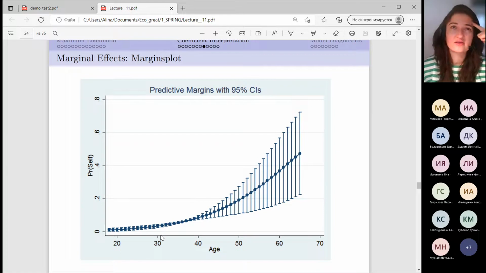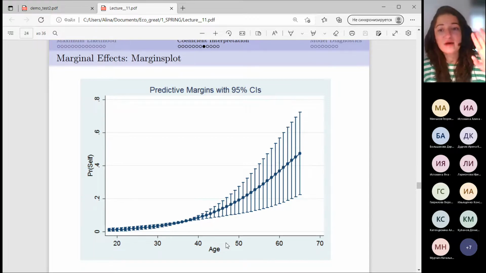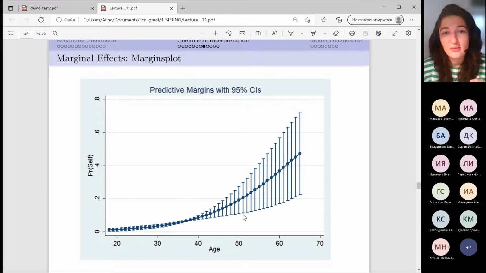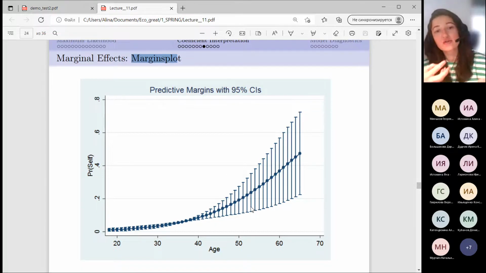And this is not very new data, I think it is from the beginning of the 2000s. So maybe now the picture is a little bit different, but generally speaking, this is an example of how you can visualize the marginal effect. You can use the commonly used marginsplot like in this case, and it will be very easy to interpret the effect.